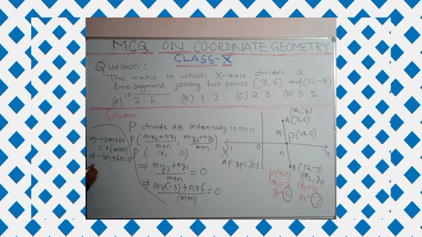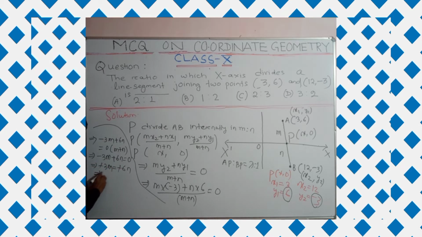So that implies minus 3m plus 6n is equal to 0. Is there any mistake? Minus 3m is equal to minus 6n, and minus minus we can cancel. So 3m is equal to 6n.